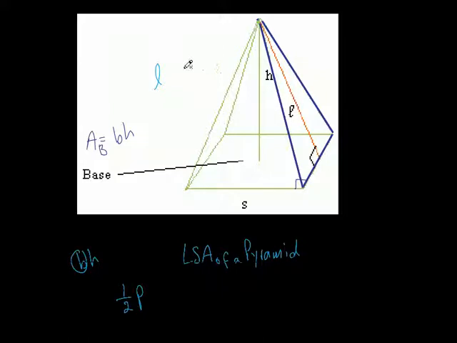Now that L right there is called the slant height of that triangle. So L represents that red right there. Everybody see that red? I'll darken it in a little bit. So there to there.